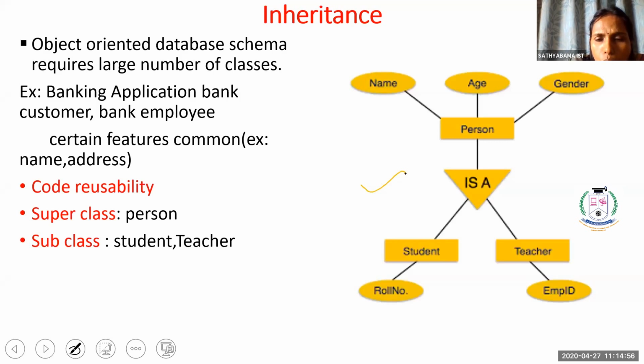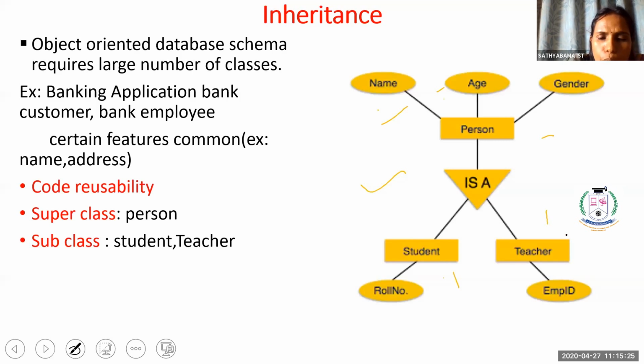Right? So all the properties of the person class can be used in your student class as well as the teacher. Yes or no? So say for example, the person has the attributes name and age. So these two attributes are common for student as well as teacher. Yes or no? So using this inheritance property, the student as well as teacher subclasses are able to access the properties of your person class, name and age.